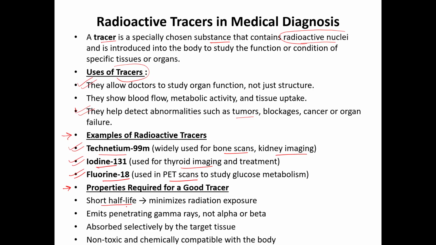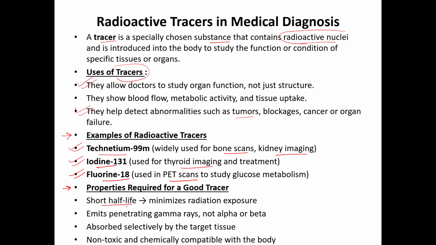Yes, radioactive decay is happening continuously. Half-life is the time in which the initial number of nuclei reduces to half. If the initial count is 1000 and it reduces to 500, the time taken for the given number of nuclei to reduce to half is known as half-life.